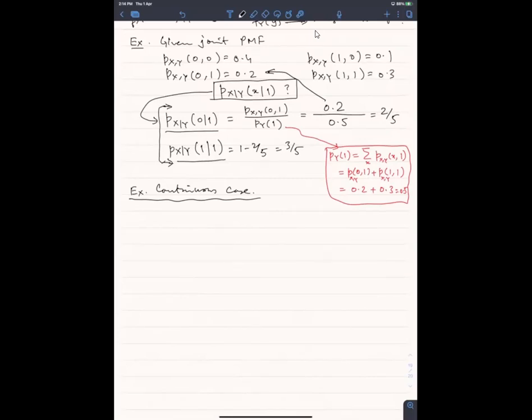So now the example is you are given a joint PDF f of x y, for x y equal to e to the power minus x over y, times e to the minus y, divided by y, for x going from 0 to infinity and y going from 0 to infinity. So this is the first quadrant.